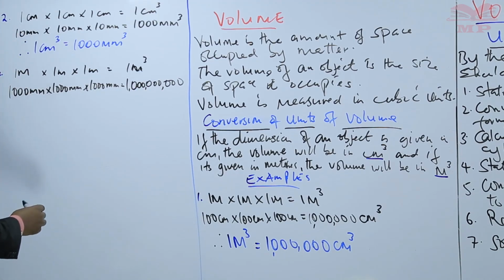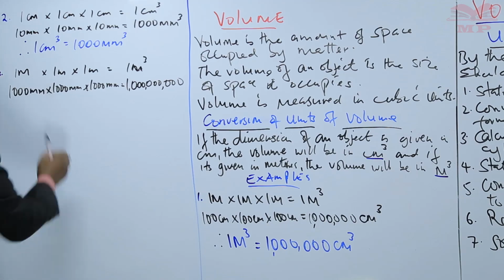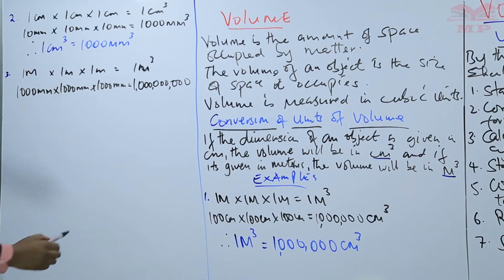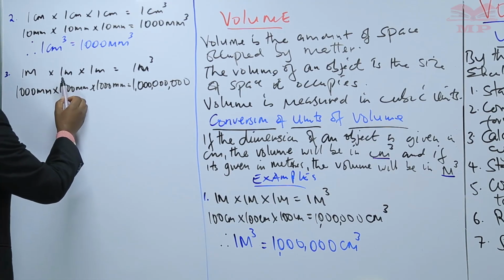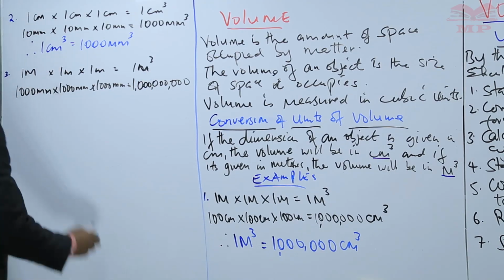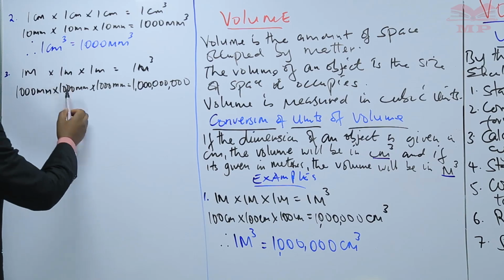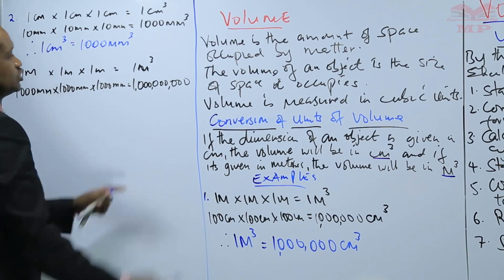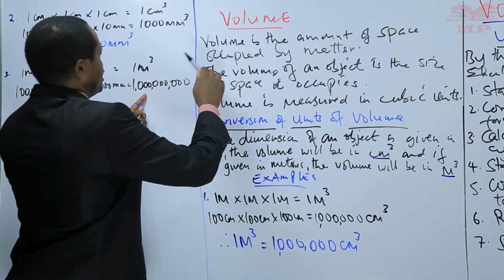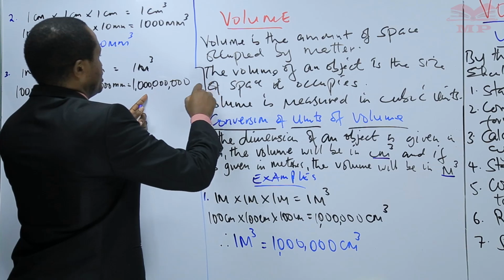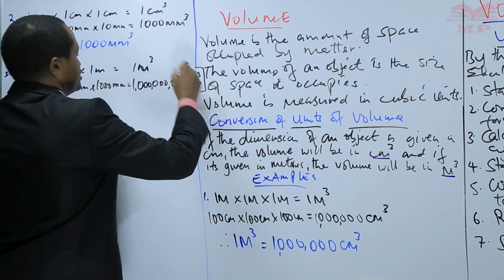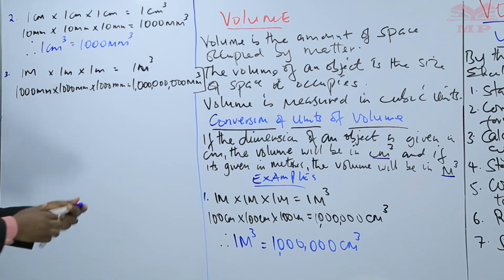So, learners, 1 meter is equal to 1,000 millimeters. So 1 meter times 1 meter times 1 meter is equal to 1 cubic meter. And 1,000 millimeters times 1,000 millimeters times 1,000 millimeters is equal to 1 billion cubic millimeters.